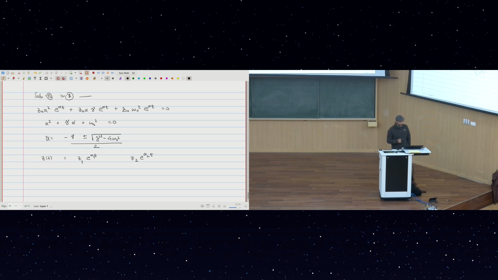Now can I write a more general solution as a linear combination of these two? So z1 amount, I don't know what z1 is, that depends on the problem, I mean in terms of the integration constants. But can I say that some amount of e to the alpha 1t plus some amount of e to the alpha 2t? Is it allowed?